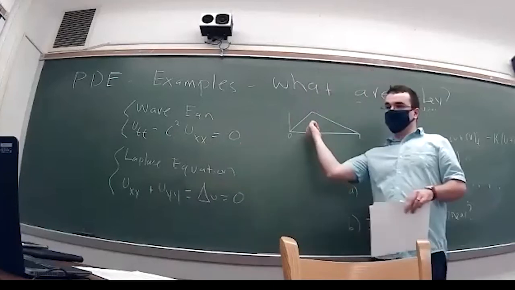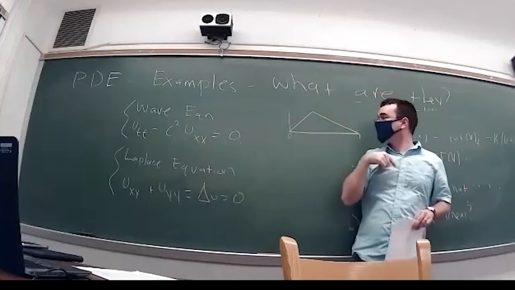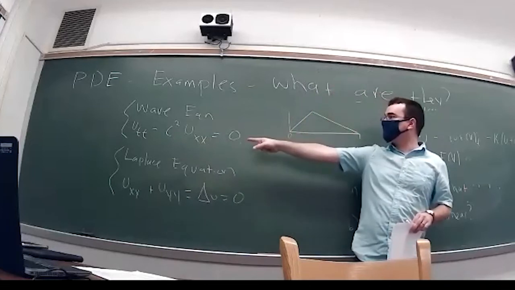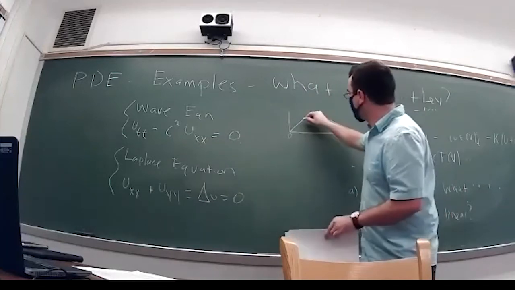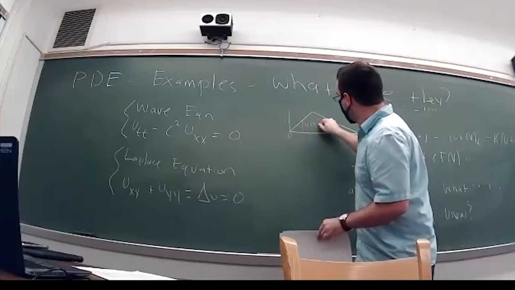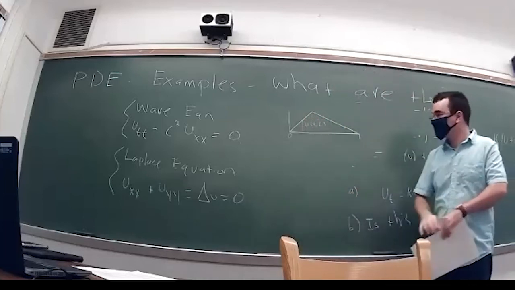You can imagine lifting the string up with your finger and then just letting it go. And u(x,t) would then describe the displacement of the string at a particular time t.